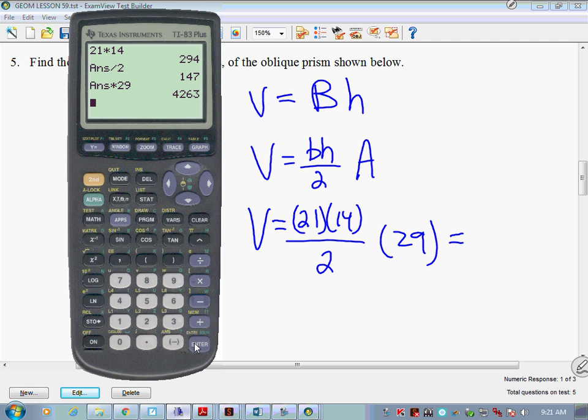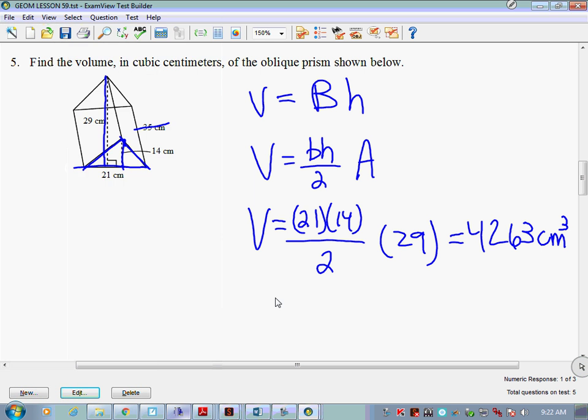Giving me 42,063 centimeters cubed for my volume. Again, this is area, so it's units squared. Height is just units to the first, giving me units cubed. And that's why we get centimeters cubed.